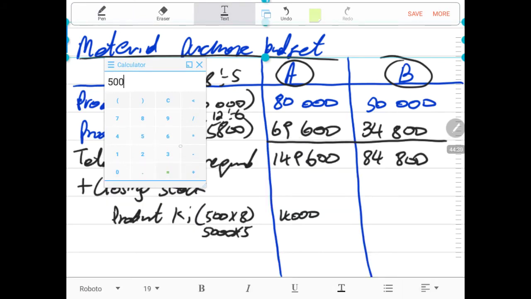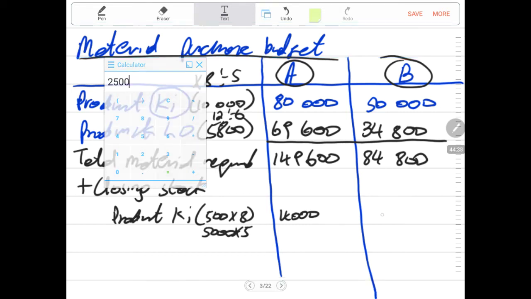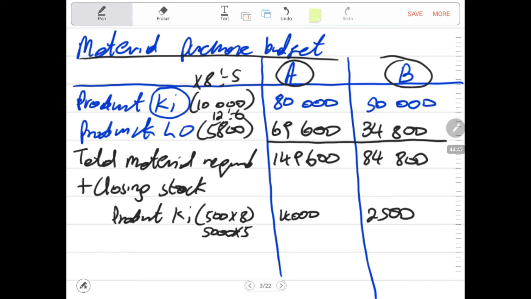We have 500 by 8, which is 4,000. Then 5 by 500, 2,500.